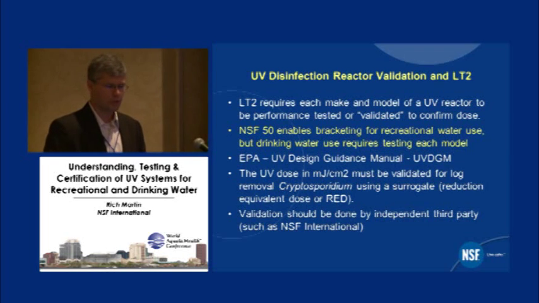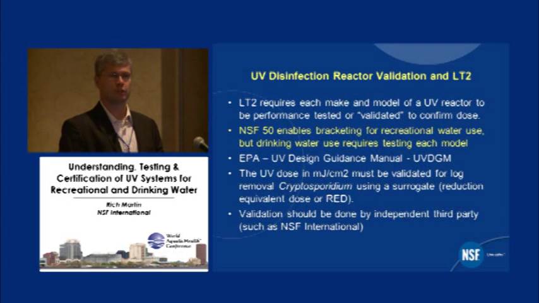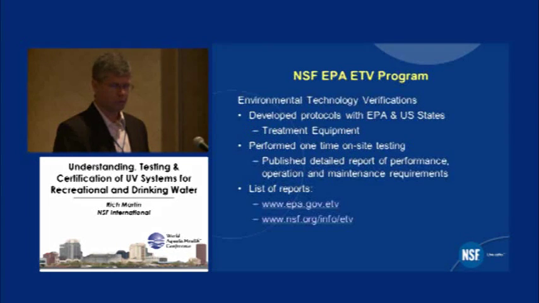You put all that stuff into place, and you actually have an extremely protective system, but it's not as restrictive as drinking water. But again, that's out there as well. So the same concepts, though, you're still doing the same type of work, validating the reduction equivalent dose, and you can then take that calculated information and do different risk assessments on it. So how protective do you want to take that test result or that data? And that's something that we're able to do under the rec water program or the drinking water program.